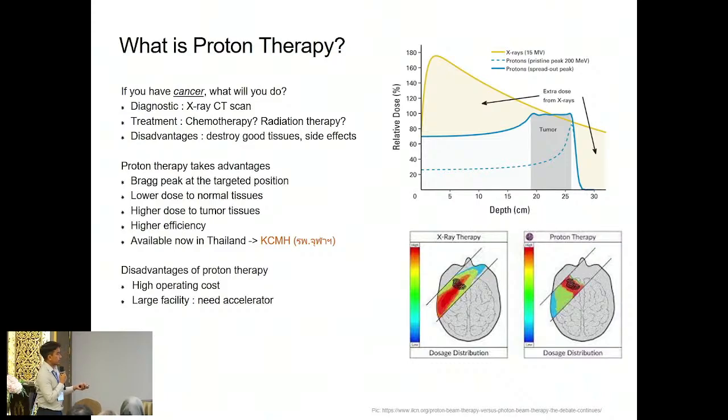As you can see from the picture of Dr. Chakapong this morning, when the doctor prepares to do the proton therapy, they have to do the treatment plan. The treatment plan is where he has to draw a picture of which direction the proton should go, and how many doses the proton has to deposit here.